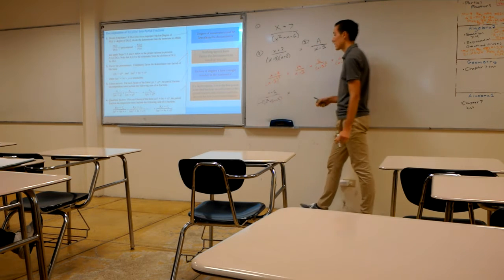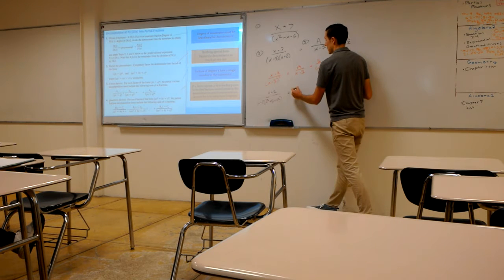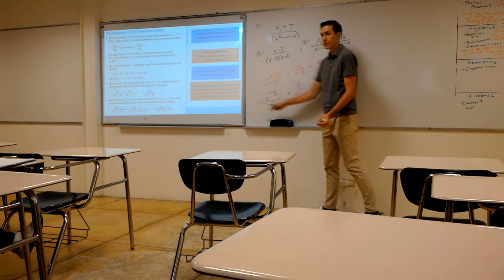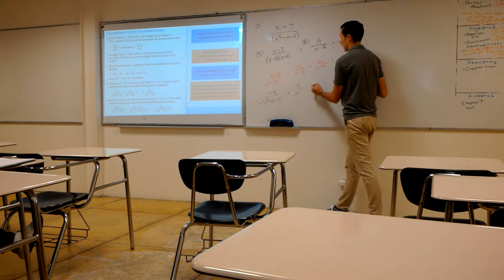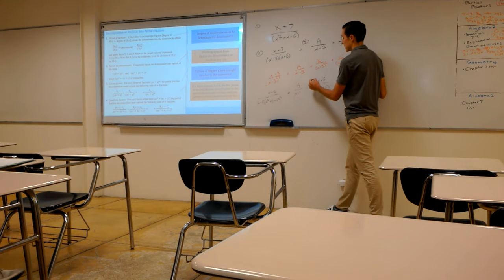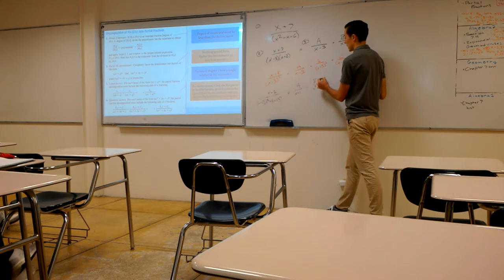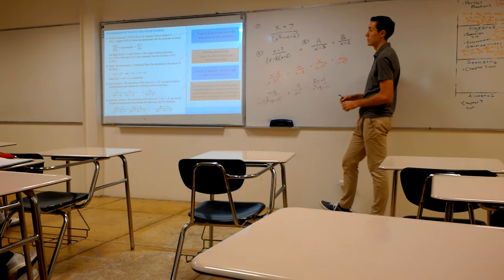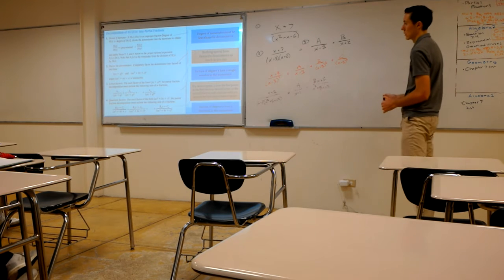So now I'm trying to split this apart. It's going to be A over x minus 1, because that's over the linear factor, plus Bx plus C over the quadratic factor. So every time you have a quadratic factor, it's this variable times x plus another number. That is the form for quadratic.